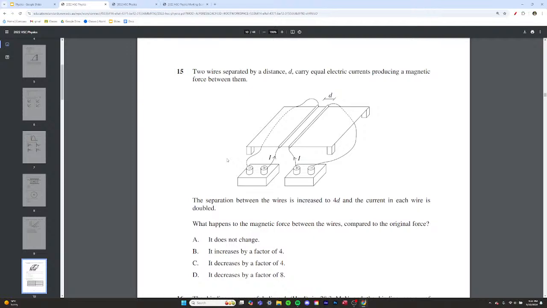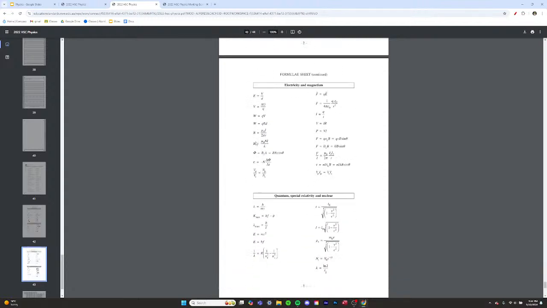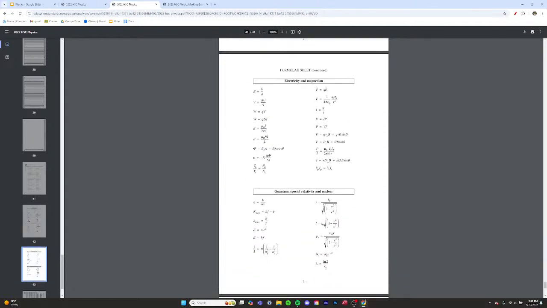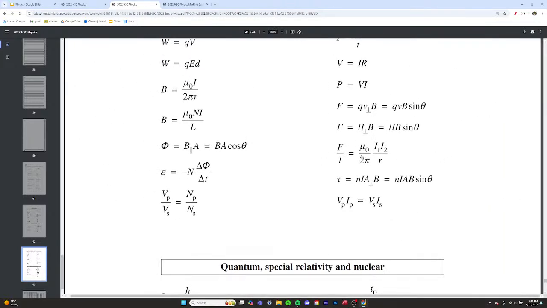This one you just use the equation. Just use the equation. This one, I think. This one right here.